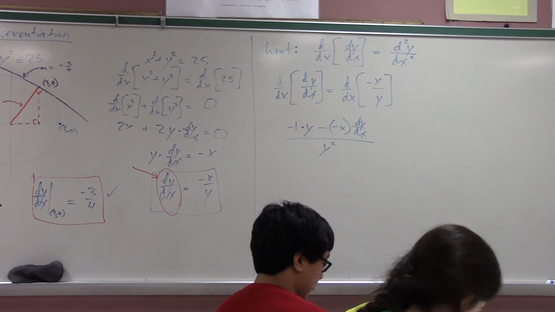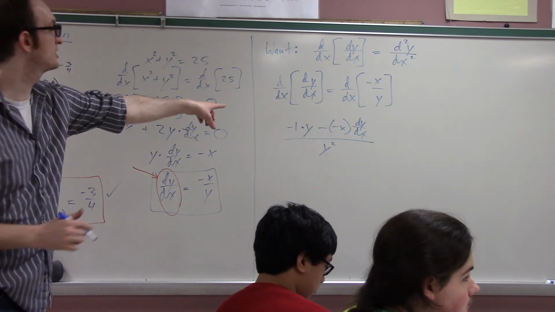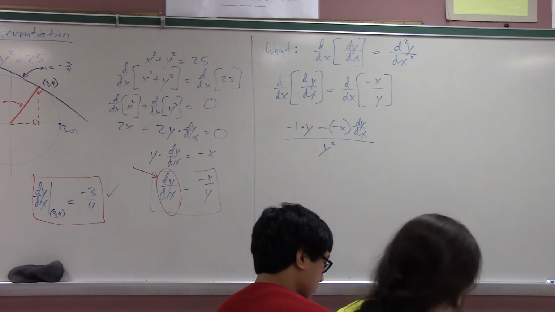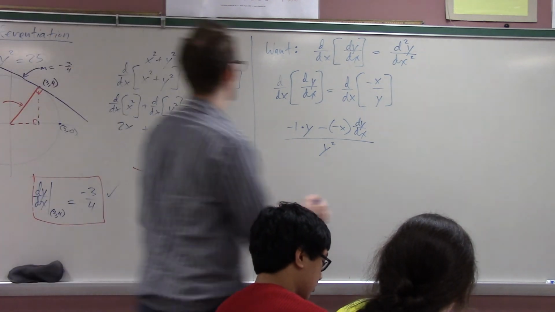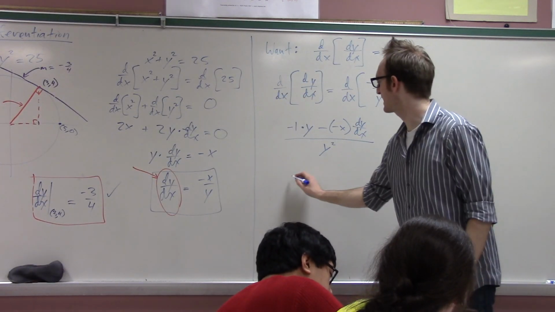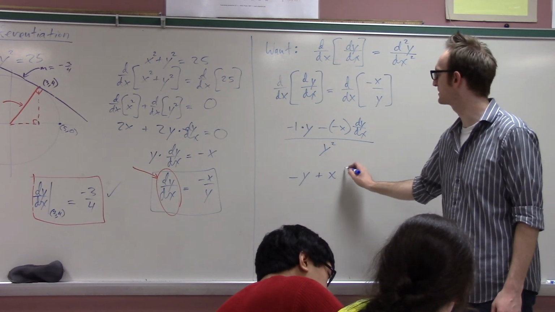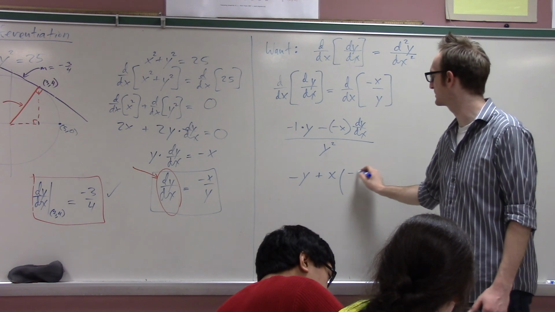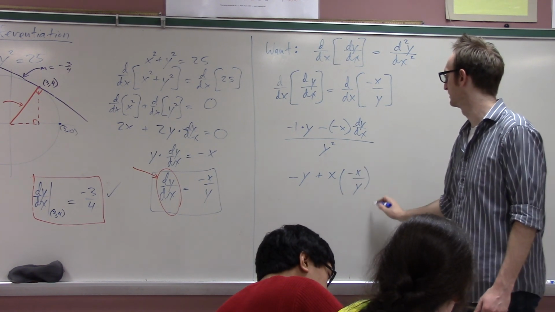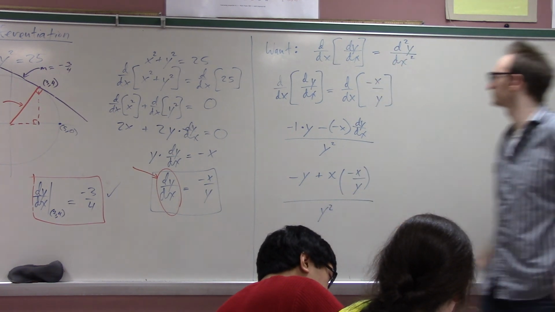Am I going too fast or are we cool? Okay, good, we have a minute left, so I have to go fast. But look, I actually know what dy/dx is. It's negative x over y. So I can write this as negative y plus x times, in place of dy/dx, negative x over y, all of that over y squared.